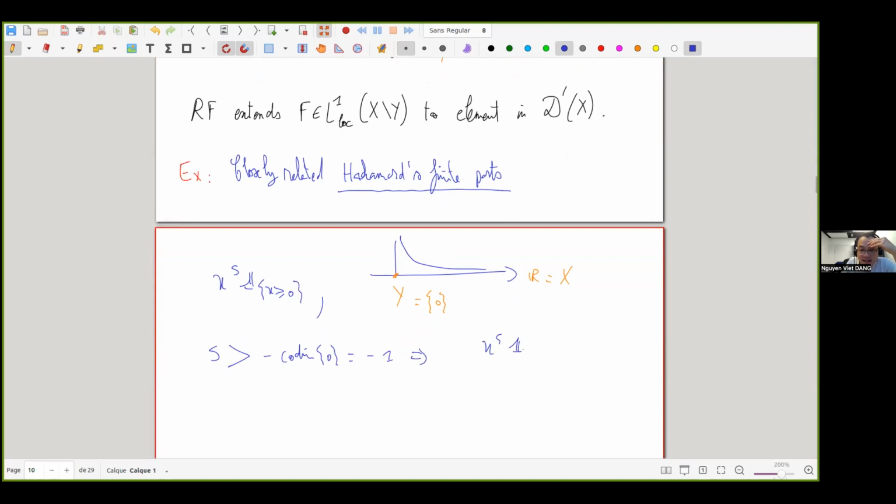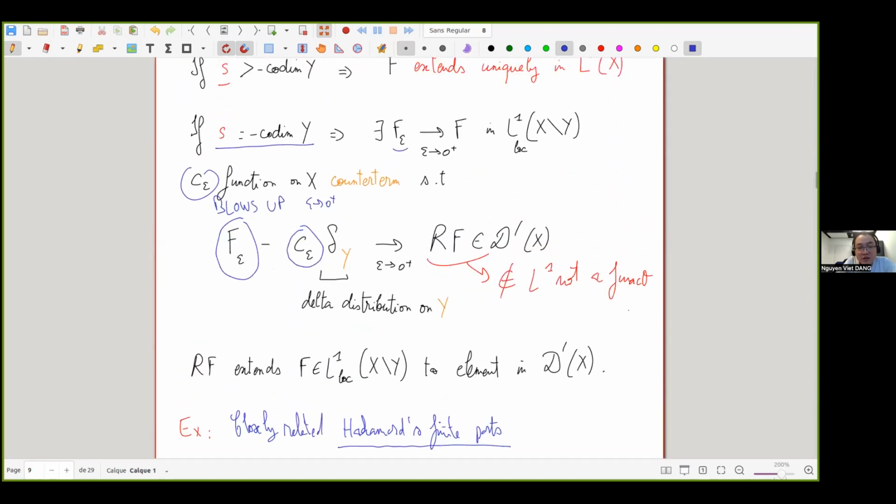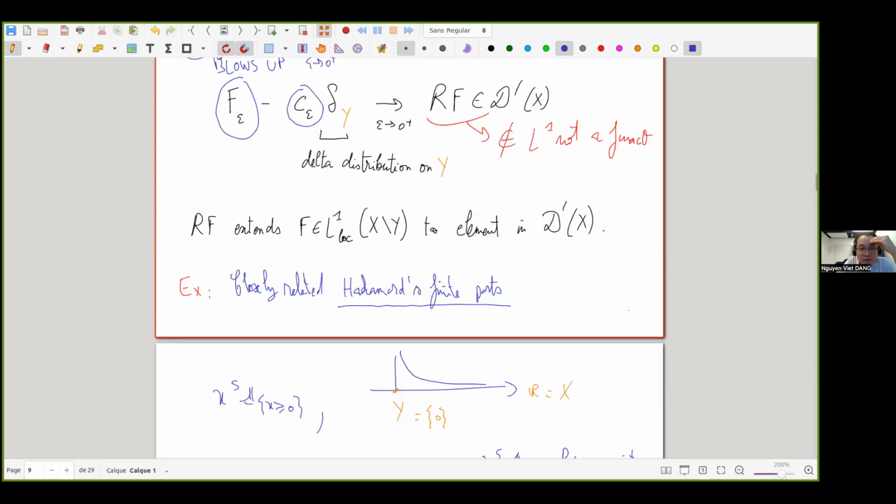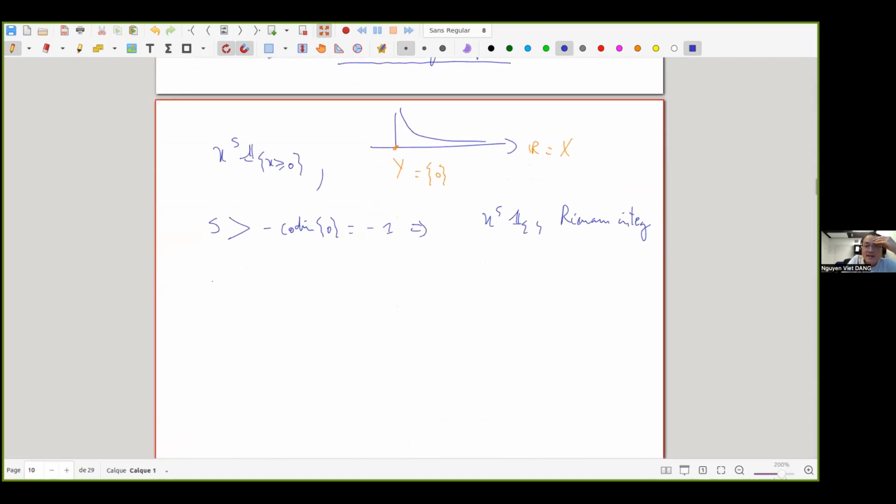X to the power s indicator is Riemann integrable. This is really what the theorem is telling you: if s is bigger than minus the codimension, then you're Riemann integrable. And if s is exactly equal to minus 1, you have a problem. This thing here is never going to be Riemann integrable.